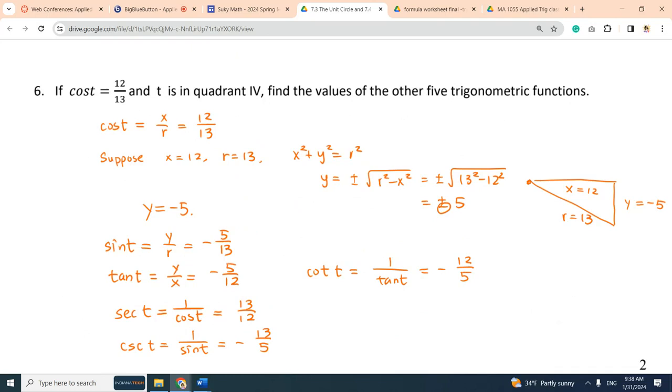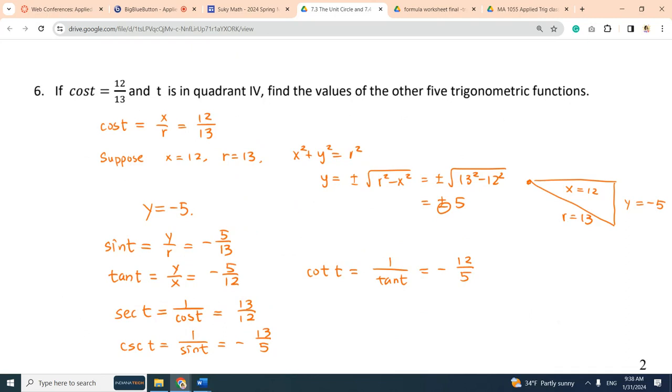So you see here, when we find the x or y, we get plus or minus square roots. But when you find the r, your r is always positive. So when you find the r, do you need plus or minus square roots? No, only positive square roots. Is that clear, everybody? The r is always positive.